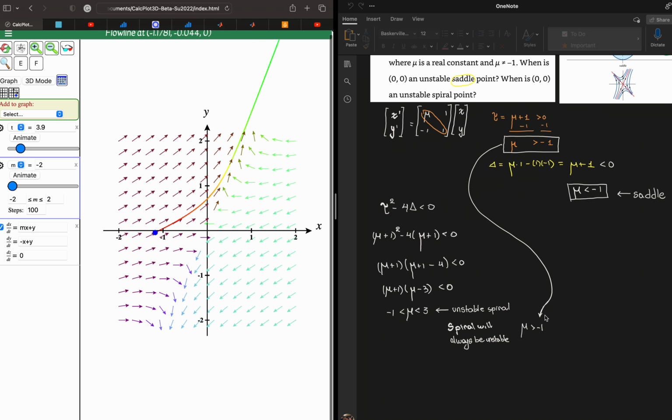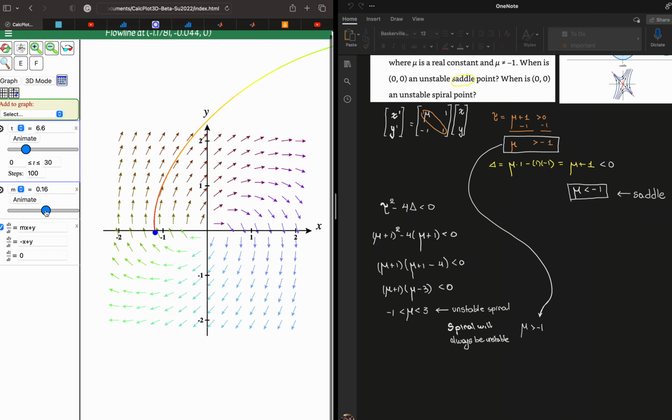If we consider that a saddle is unstable, and it's going to be a saddle for mu less than -1, and it's going to be a spiral unstable for any mu greater than -1, and we know it's going to be unstable for anything greater than this, then this, yes, is a subcategory of the spiral, but it's always going to be unstable.